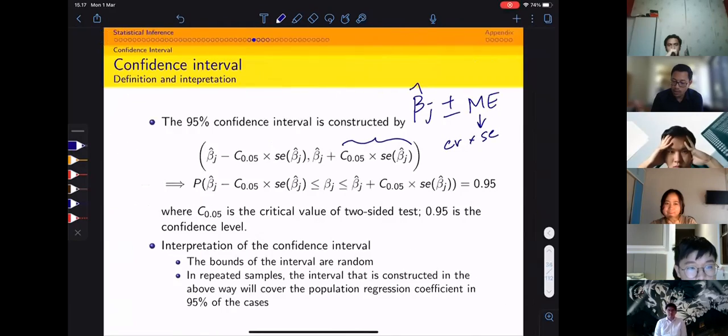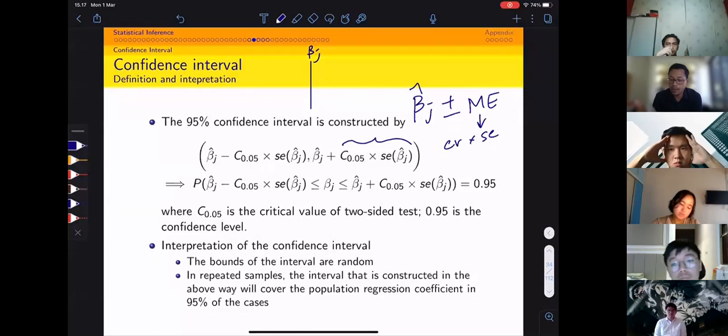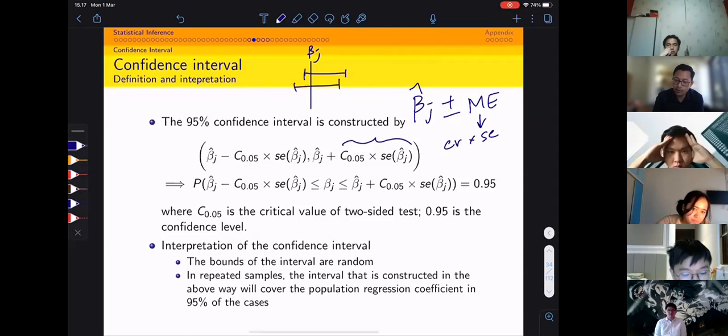In a particular sample, your interval includes the true value. In another sample, you construct an interval, which is random, and it also includes the true value.